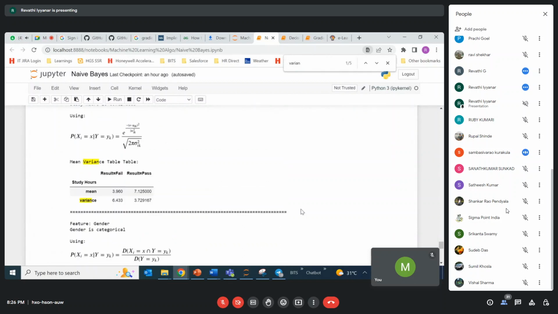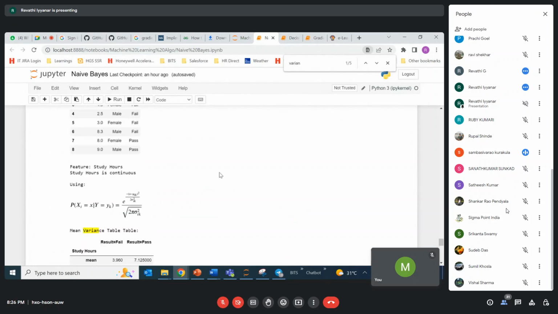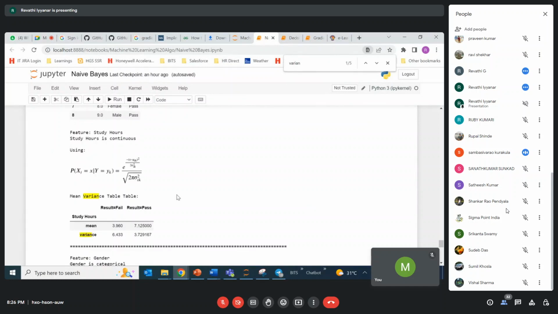If you see the x in e power x minus mu whole square, that x is 3.5. Mean and variance are of the data set. He has used that formula to get that probability. Just now, when discussing, I had this doubt: when calculating the mean and variance in this program, we should have used just stats.variance or something like that.